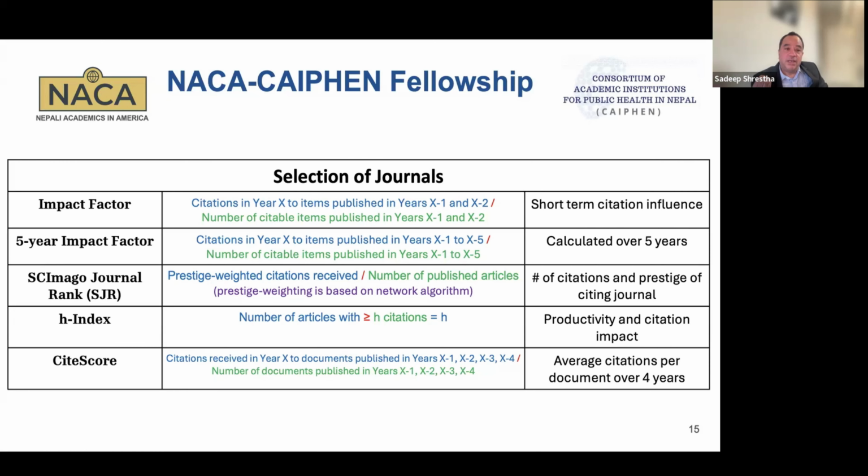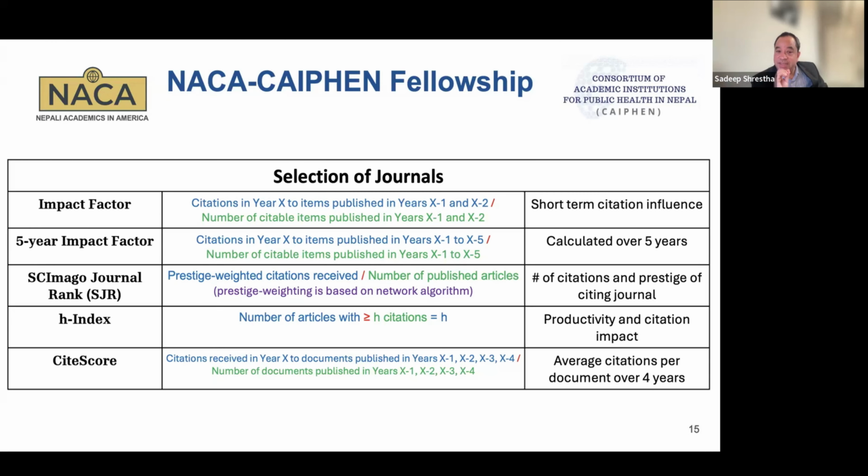So let's say the 2026 impact factor won't be released until 2027. Here's why. What it does is it looks at the articles. For that particular journal, it will look at how many articles were published in 2025 and 2024, and how many of those articles were cited in 2026.